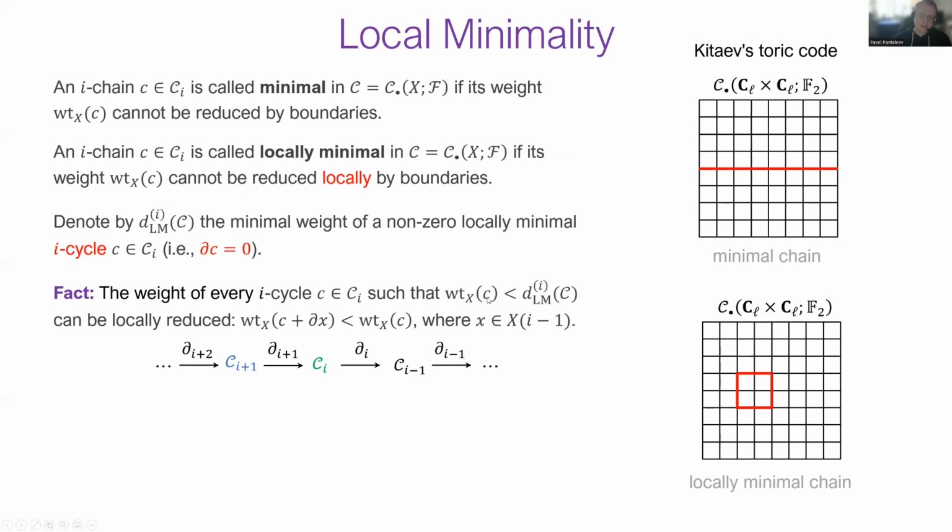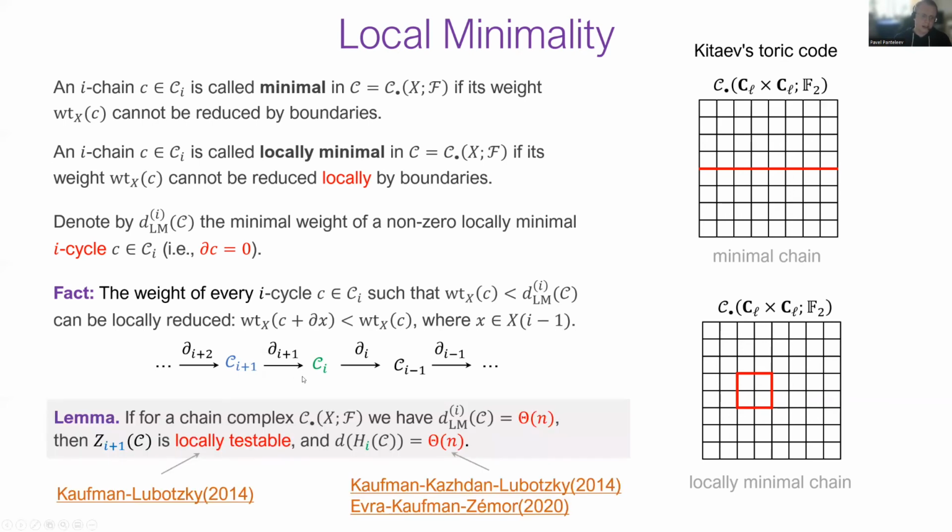If this syndrome is sufficiently small, this means that we can locally decrease its weight, and in fact we can decrease it down to zero. So in effect, we obtain something similar to a bit-flipping decoder.